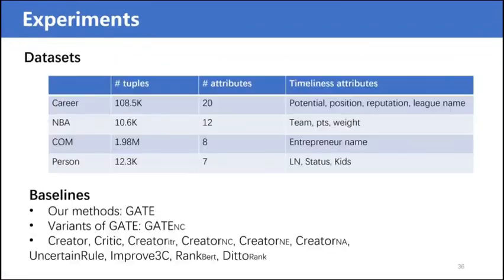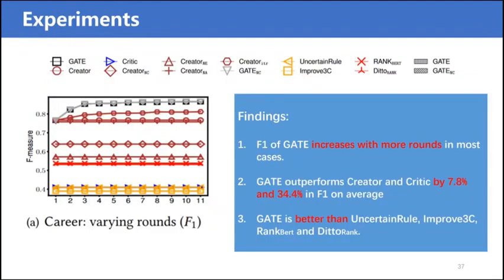Okay, so in experiments, we mainly use the full data size, and we compare with some variants of GATE, and also some ranking models and rule-based methods. So firstly, we find that the F measure of GATE increases with more rounds in most cases. Secondly, GATE outperforms creator and critic by 7.8% and 34.4% in F measure on average.